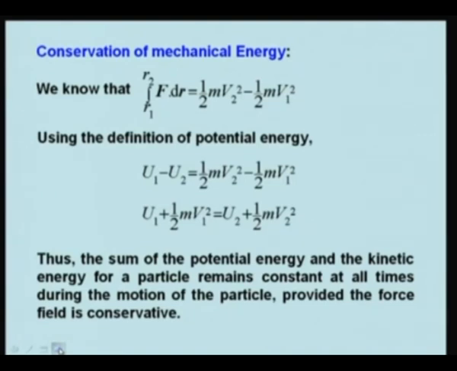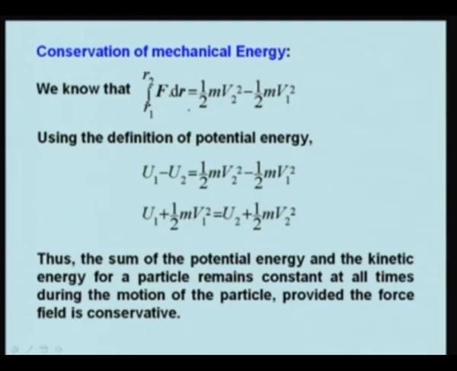Now, we discuss the conservation of mechanical energy, which is valid for a conservative force field. We know from the basic concepts developed in the beginning that the integral from r1 to r2 of F dot dr is equal to half m v2 square minus half m v1 square.